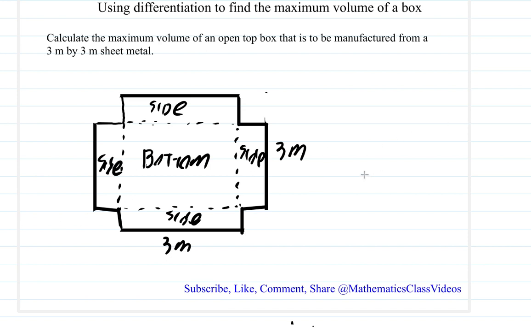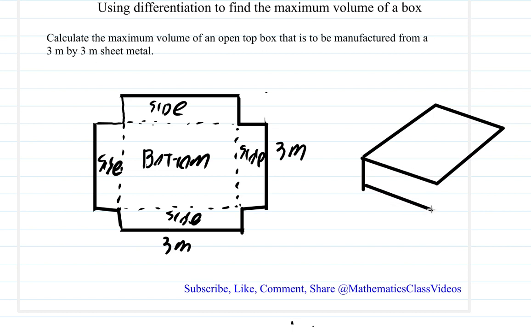So what would the final box look like? We'll be looking at the top of the box here, right? And then, by the way, these sides would be reduced, but it wouldn't be 3 meters anymore. So let me rub off the 3 meters for a while.